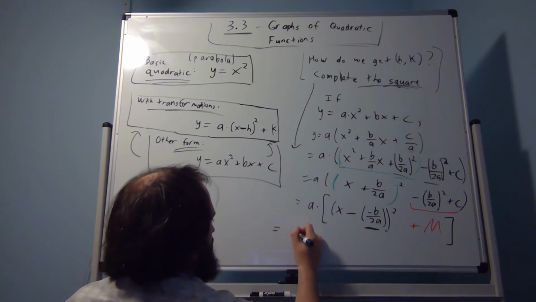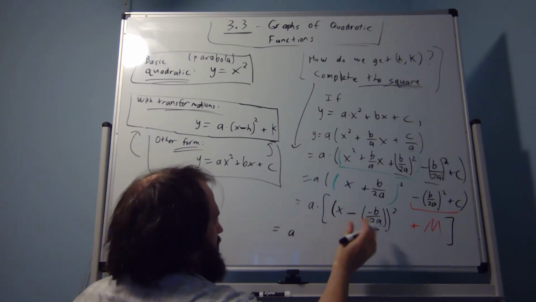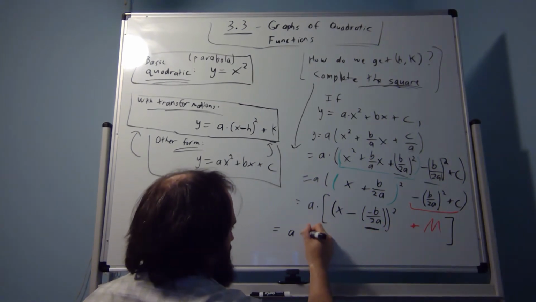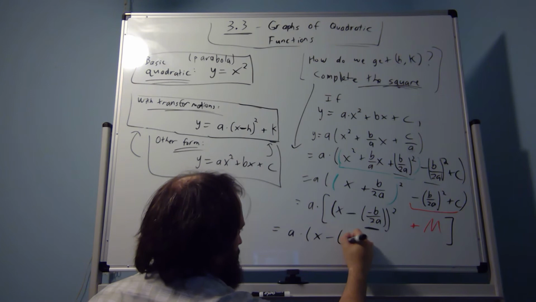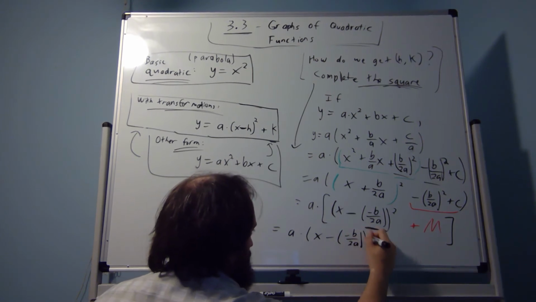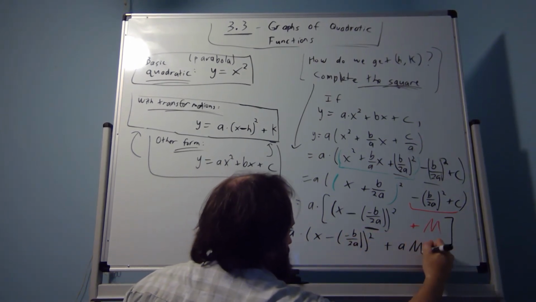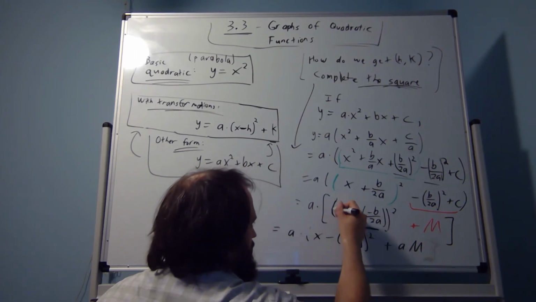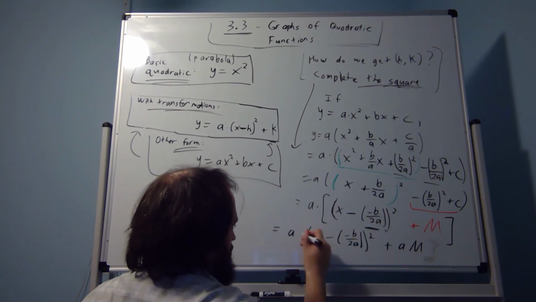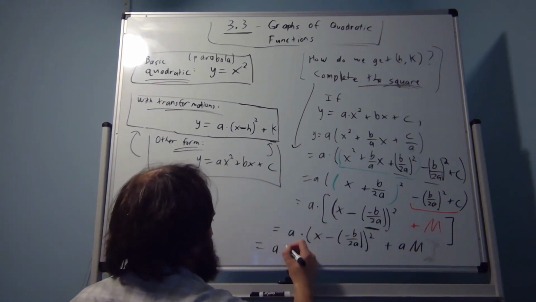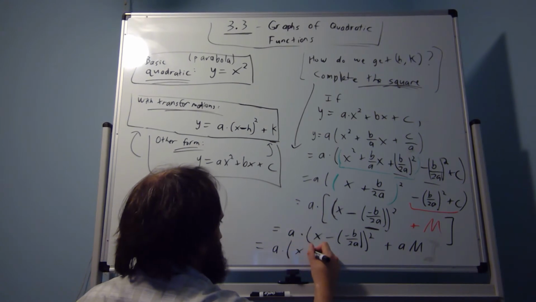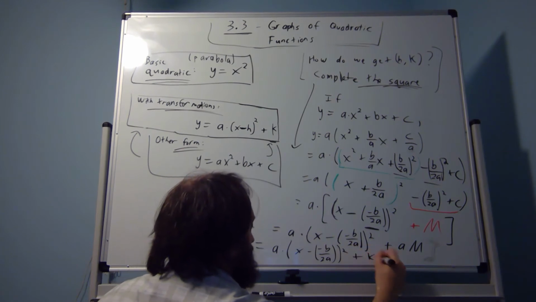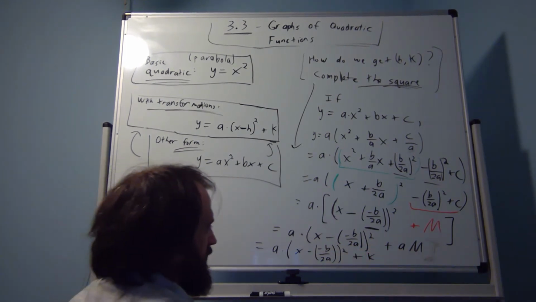So we've got a times something squared plus something. If we distribute, then we've just got a times, distributed the a to these two terms. So a times this, and we can just take this red thing here and call it k.